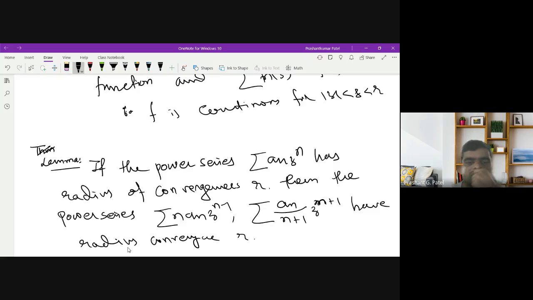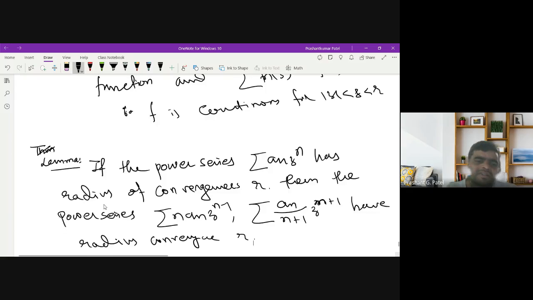So it says that if the power series has the radius of convergence r, then its derivative series, that is n a_n z raised to n minus 1, also has the radius of convergence r, and its integrating series, that is summation a_n upon n plus 1 into z power n plus 1, also has the radius of convergence r.